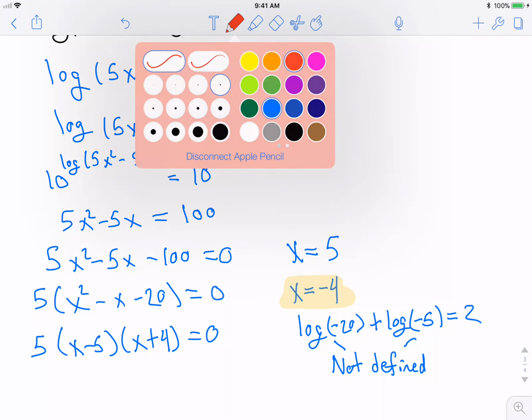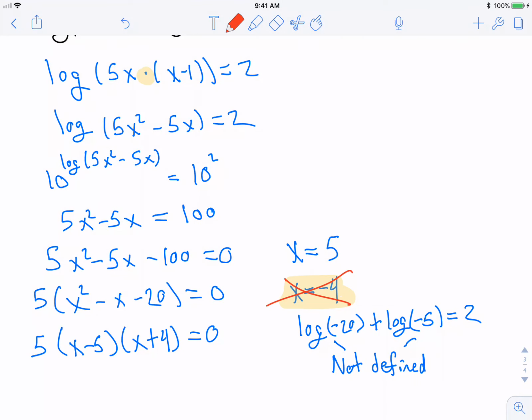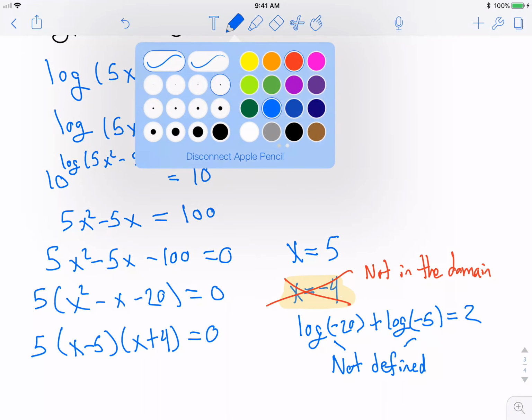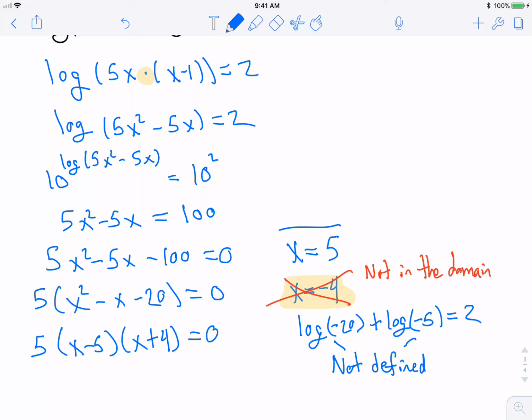So this means x equals negative 4 is not in the domain. So when we get a negative number, we need to plug it back into the equation to see whether or not that'll actually be defined. So it turns out the only time that log of 5x plus log of x minus 1 equals 2 is exactly when x equals 5, and we have our answer.